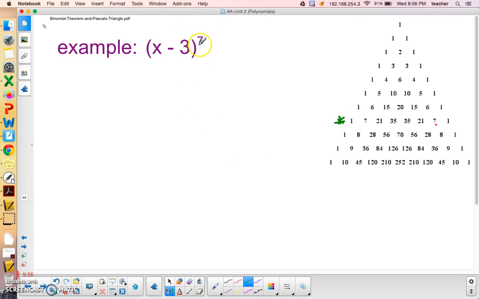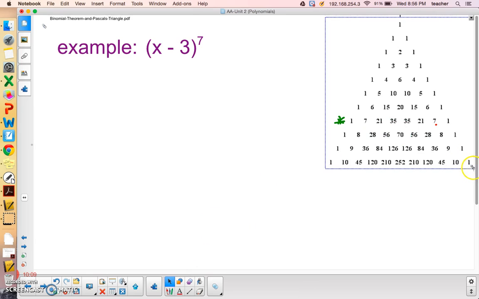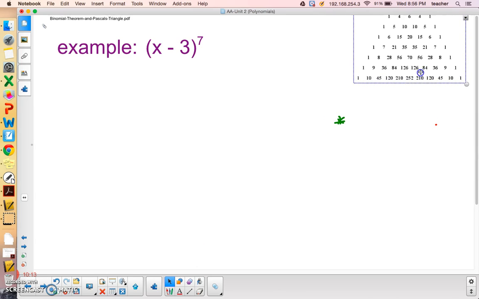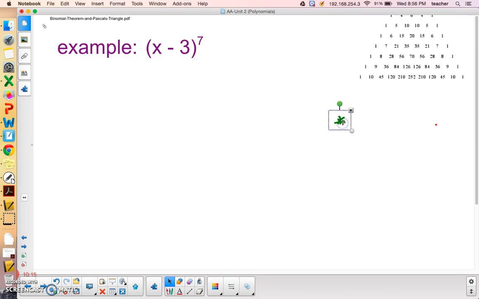So I know I'm going to have one more than this for the number of terms in my answer, so I'm going to have 8 terms. I'm going to make this smaller because I'm going to need quite a bit of room here. And we're going to go ahead and make 8 slots. On your own page, you're going to want plenty of room.